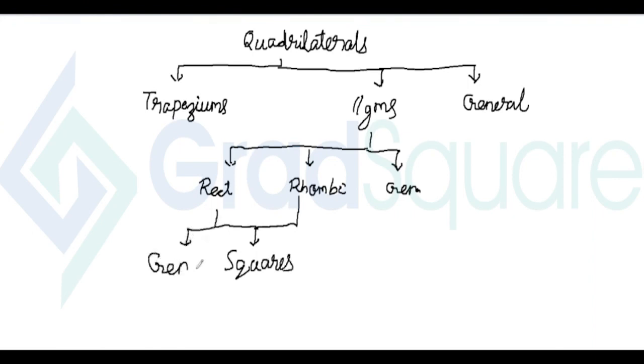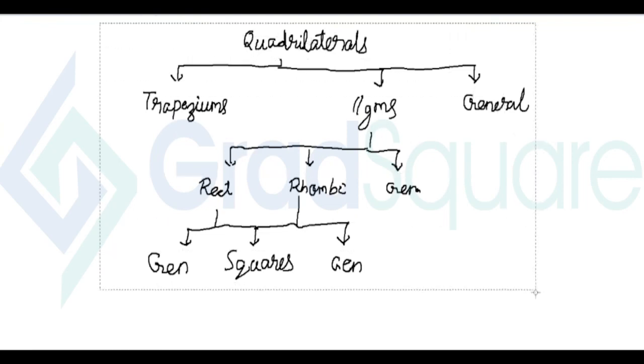And of course, there are general rectangles and there are general rhombi. So from this hierarchy, we can say that all squares are rectangles, squares are rhombi, rhombi are parallelograms, rectangles are parallelograms, parallelograms are quadrilaterals, all trapeziums are quadrilaterals. So the properties of these special types of quadrilaterals tell us their mutual relationship.